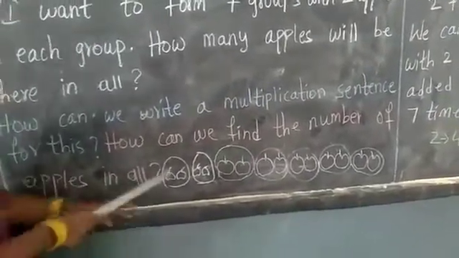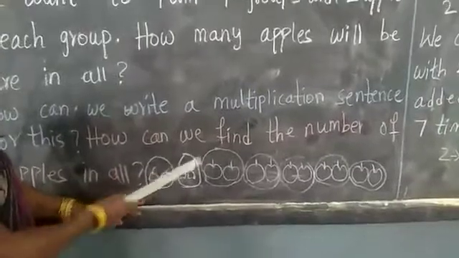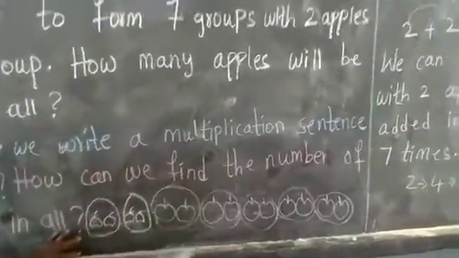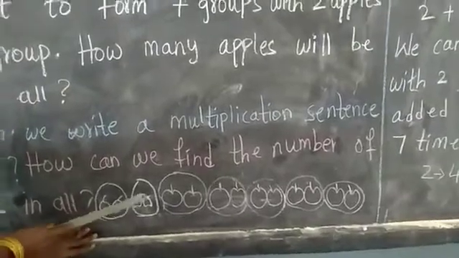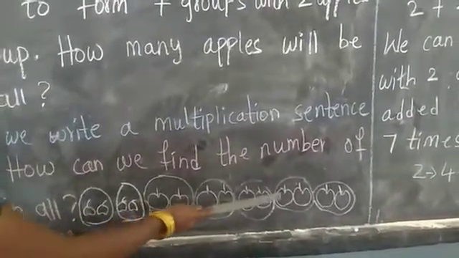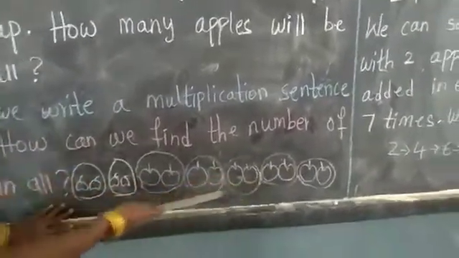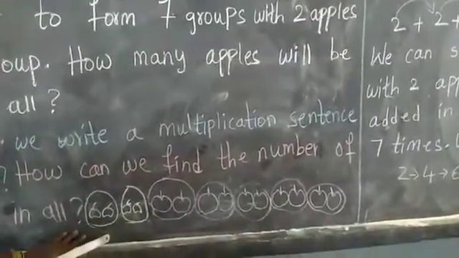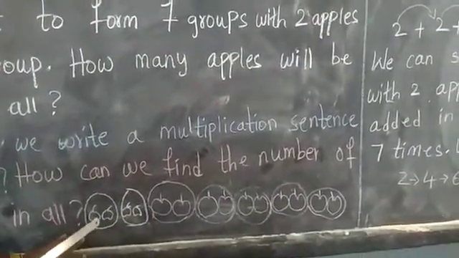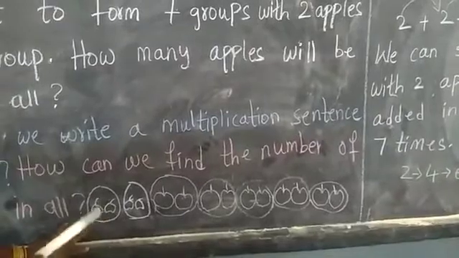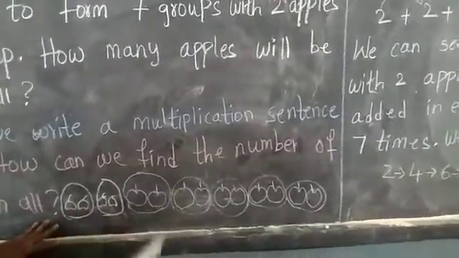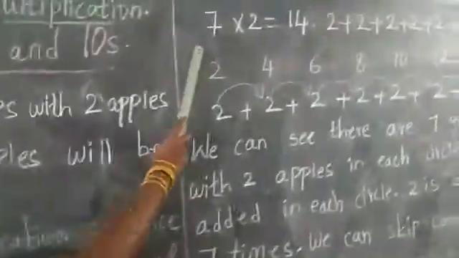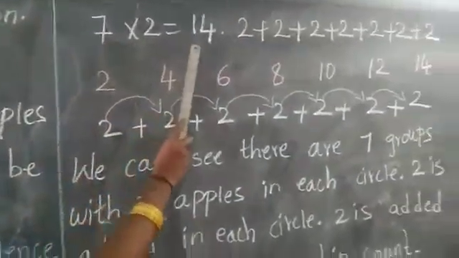So these are the apples which I made into groups. How many groups are there here? 1, 2, 3, 4, 5, 6, 7. So in these 7 groups, how many apples are there in each group? 2. In each group, 2 apples. So how many groups did I make here? 7 groups. Okay. So 7 into 2 is 14.